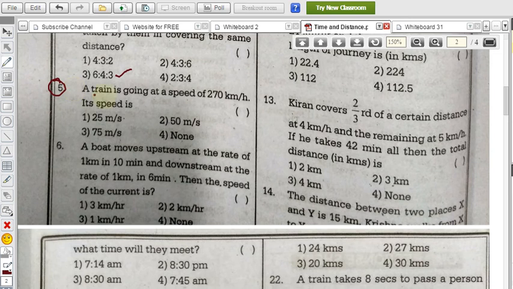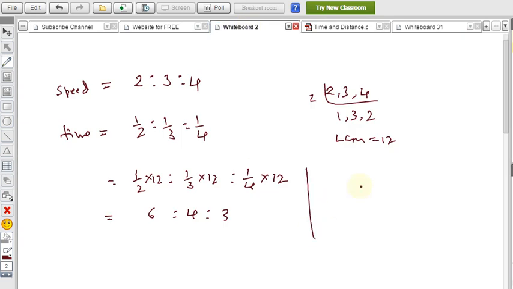Next one is a train going at a speed of 270 km per hour. Its speed in meter per second, so options are in meter per second. So we need to convert into meter per second. 270 kilometer per hour, so 270 into, to convert into meter per second, multiply with 5 by 18.